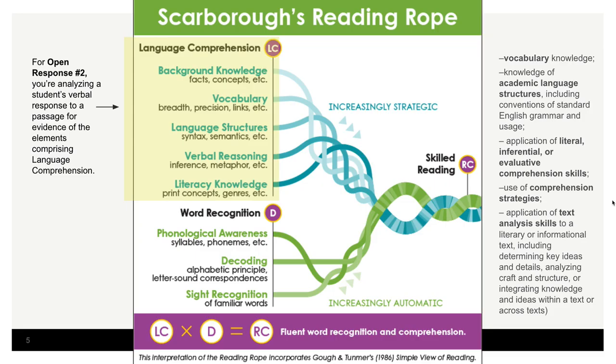Again, for open response number 2, it's really an assessment of your understanding of language comprehension, more specifically reading comprehension, and the areas that they're looking for you to be able to comment and write about in relation to a child's oral response after reading a text are: what can you say about their vocabulary knowledge, their knowledge of academic language structures, their literal, inferential, and evaluative comprehension skills, how are the children using comprehension strategies, and then are children able to use their text analysis skills, whether that's a literary text or an informational text.